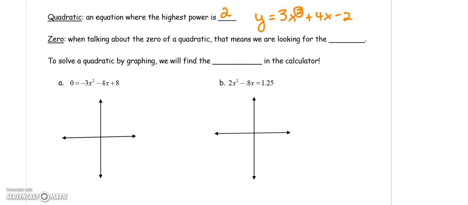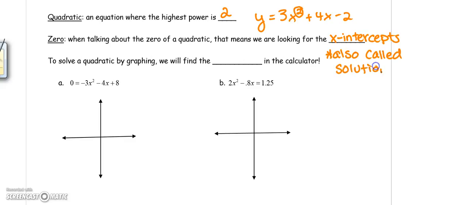When we talk about the 0 of a quadratic equation, that means that we are looking for the x-intercept. And sometimes we also call these solutions. When we're talking about quadratics, the words 0, x-intercept, and solution are all used interchangeably. They all mean the same thing.